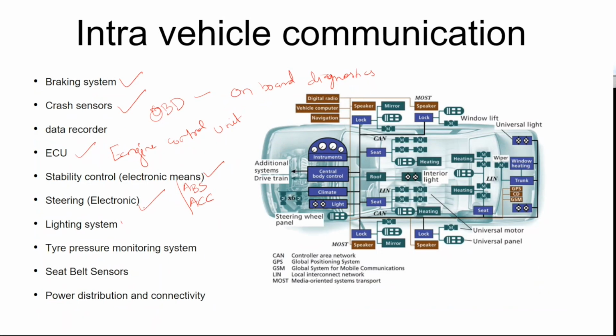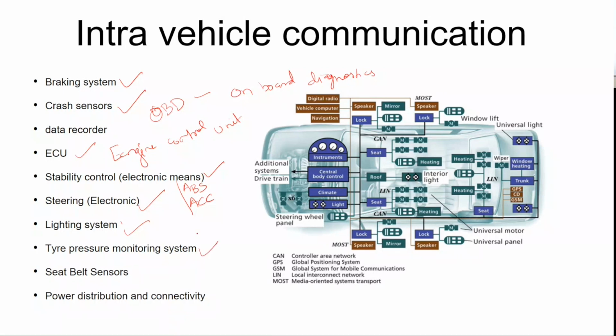Earlier, when you switched on the headlights and forgot and went home, by the time you came back after an hour, your battery would drain completely, because your headlights are powered by the battery when you switch off the engine. Nowadays, in some cars, even if you switch on the light and go, after 5 or 10 minutes the light automatically gets switched off. So the cars have these kinds of small additional benefits.